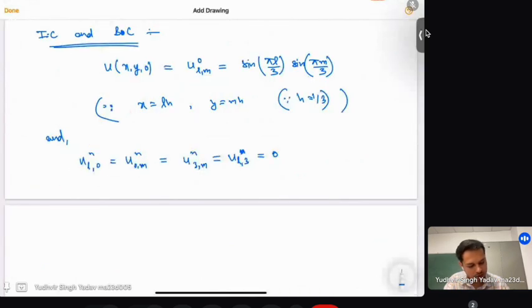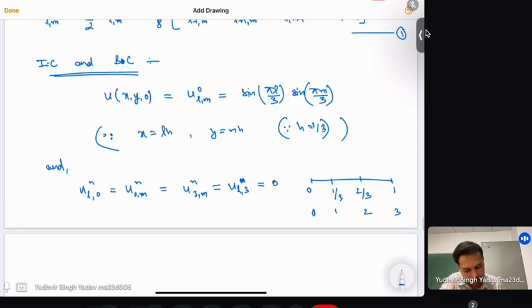The starting point is 0 and the ending point is 1. Since h is 1 by 3, the points are 1 by 3, 2 by 3, and 1. So the nodal points are 0, 1, 2, and 3. At 0 and 3, we have the values of u equals 0. So these are the simplified initial and boundary conditions.